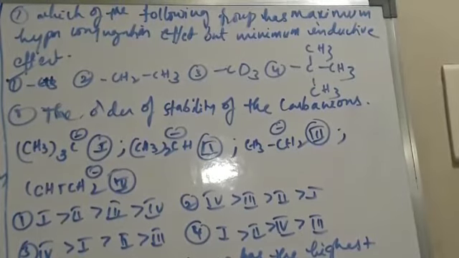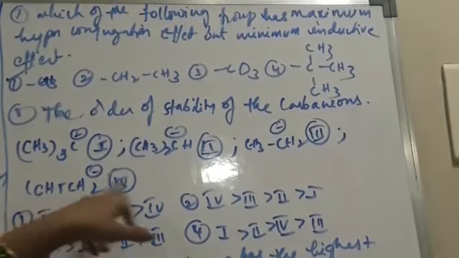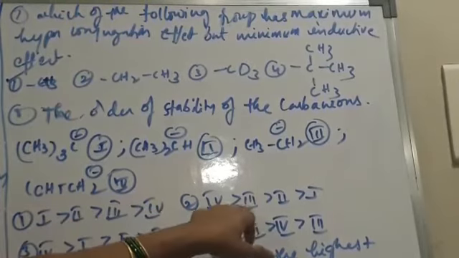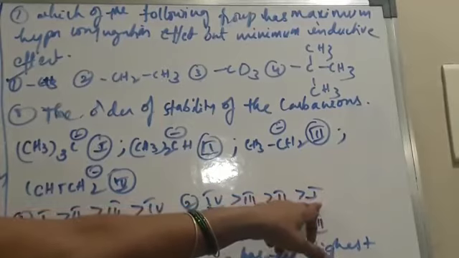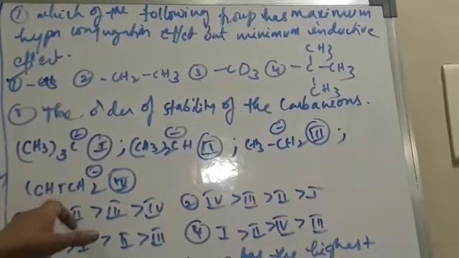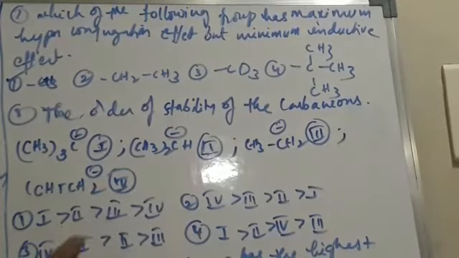So that's why the order is 4 is greater than 3, 3 is greater than 2, 2 is greater than 1. So this is benzyl and primary, secondary, tertiary. So this is the correct option.